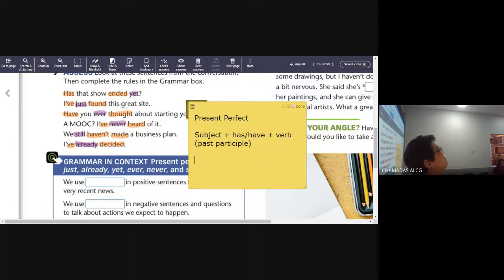In the present perfect, no. It depends on the users whose life experience changes over time. Even though we're talking about the past, there are situations in which the actions finished in the past, and then we put that isolated in the past using the simple past.